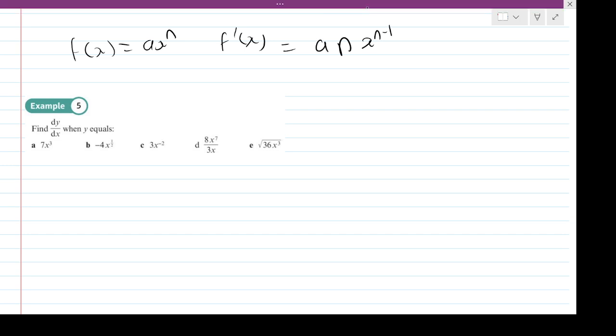The a remains in front, okay? We don't do anything to the a, we can just leave it where it is, and then we just focus on differentiating the power part of x. So that's the first thing to know. If you have a number in front, that's completely fine. We still differentiate the actual power of x.